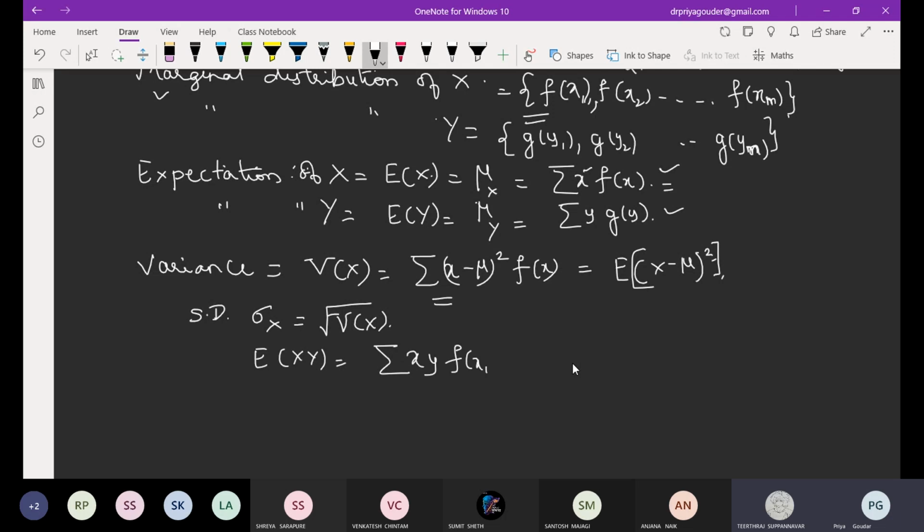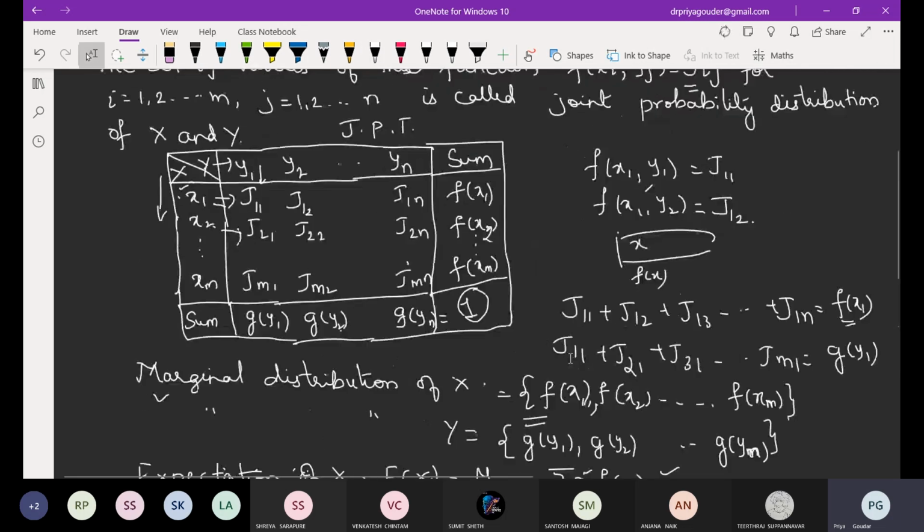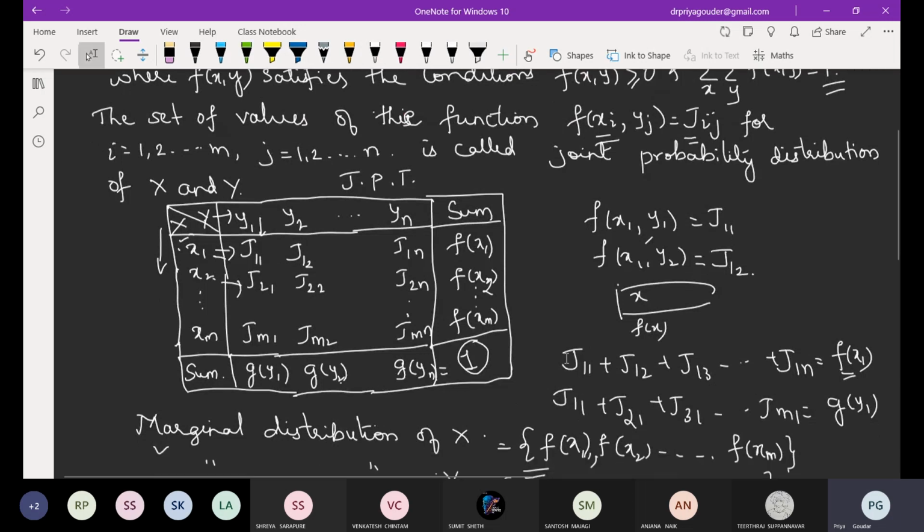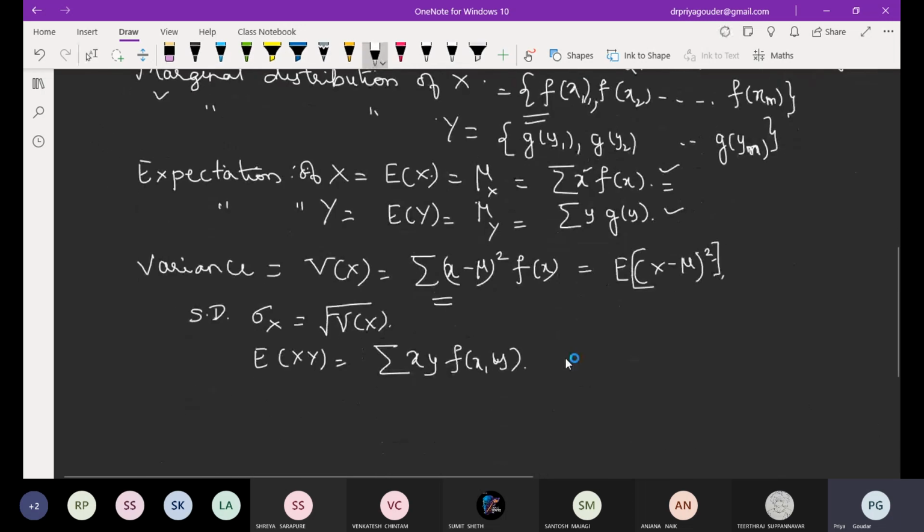f of x, very good. No, it's not separate. When you take xy together, you should take the corresponding function like this. It means you have to take the joint probability function. The joint probability function is denoted as J ij. You can take it like that: x i, y j, J ij.